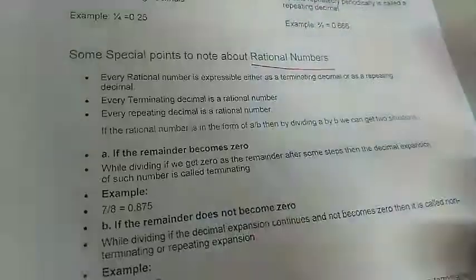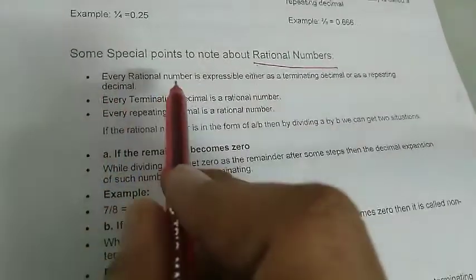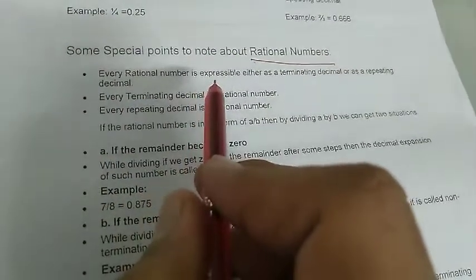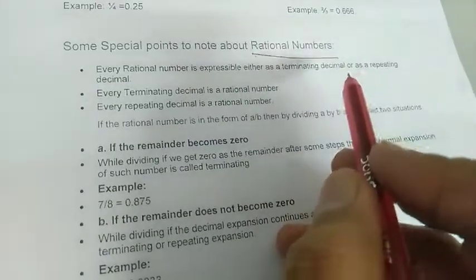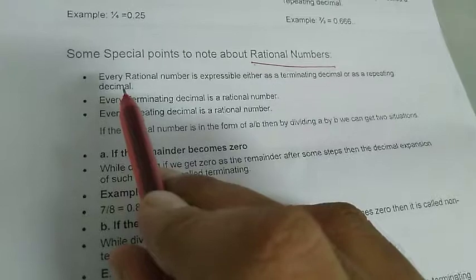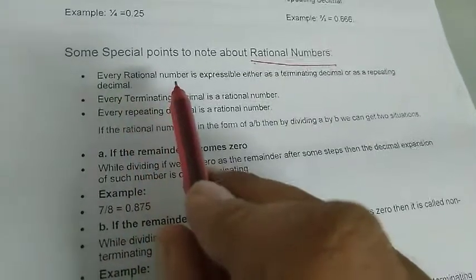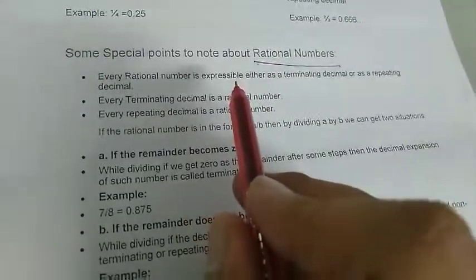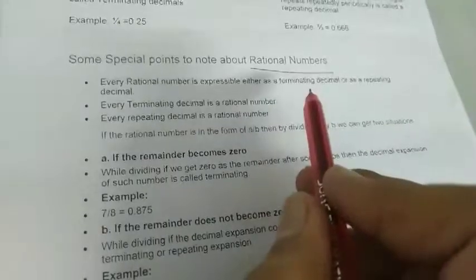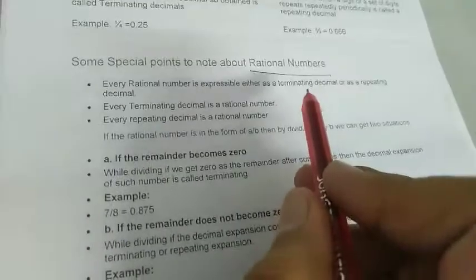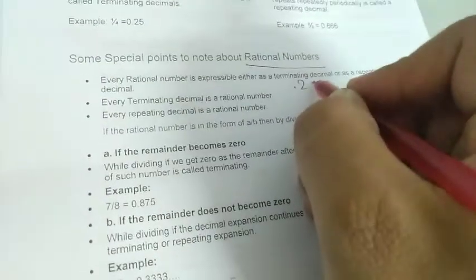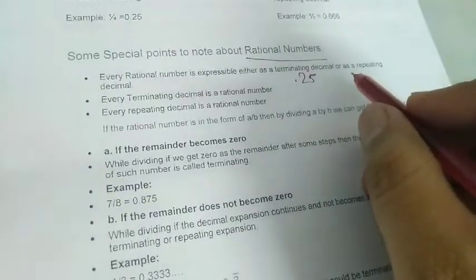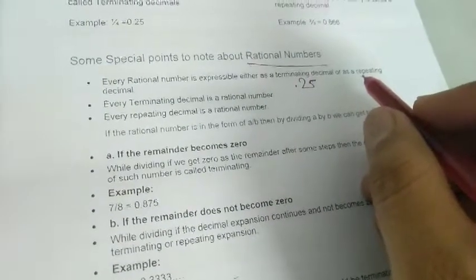So number one is, every rational number is expressible either as a terminating decimal or as a repeating decimal. Suppose I got 0.25, that's the end of the decimal, or it could be a repeating decimal.